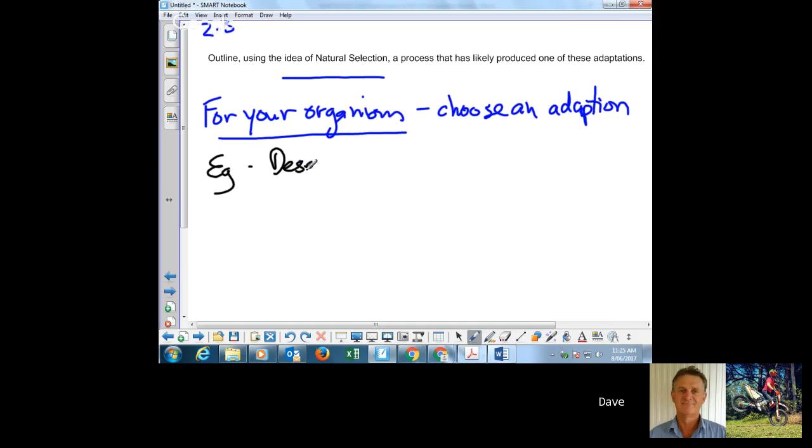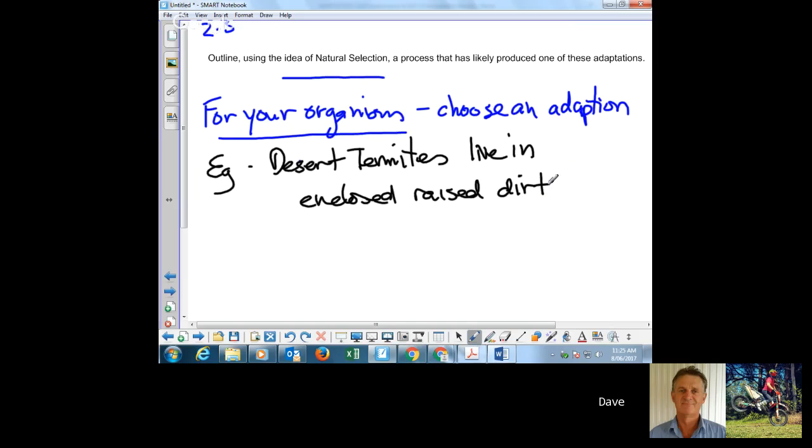Desert termite live in enclosed raised dirt mounds. And we said this is an example of a behavioural adaptation.